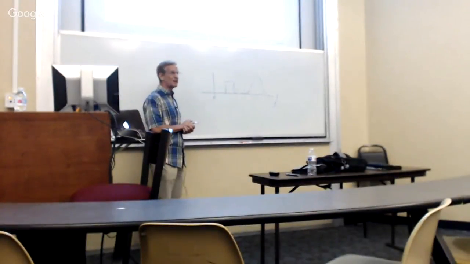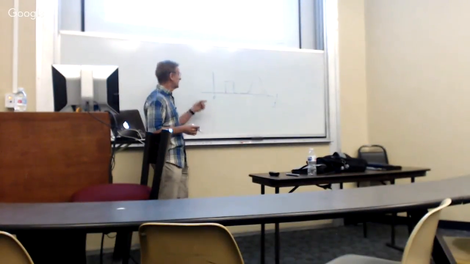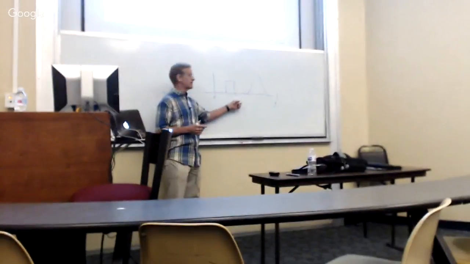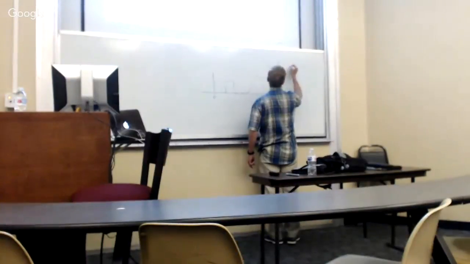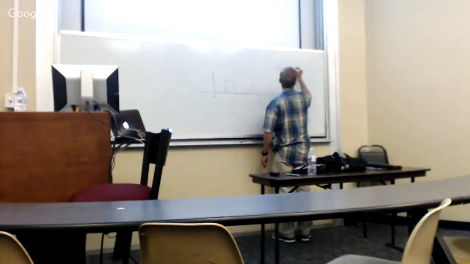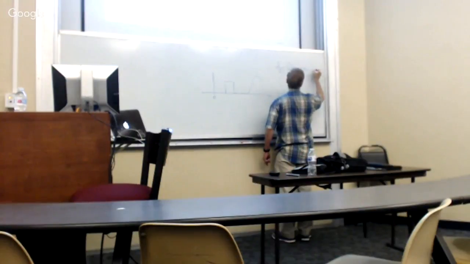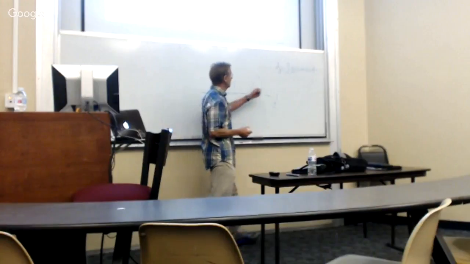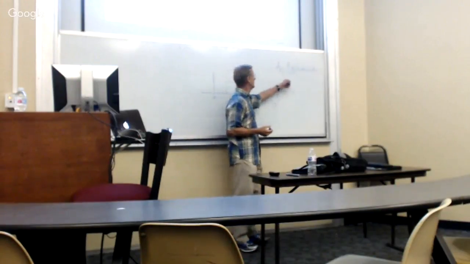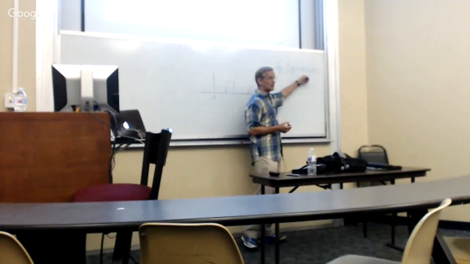We're going to try to set up an experiment that can find this. And we're going to work with this kind of a linear system. So this is what we're going to try to find.